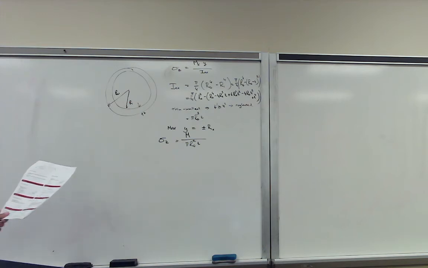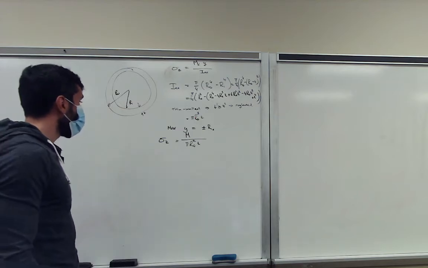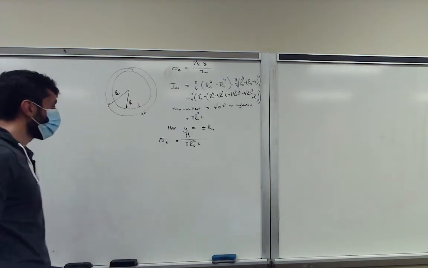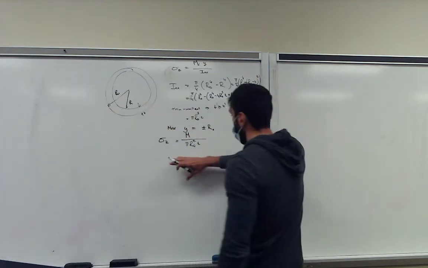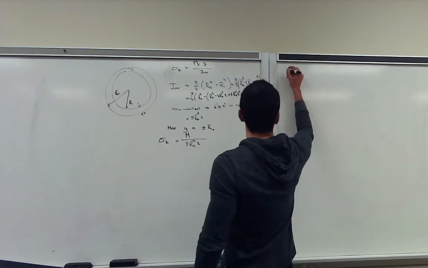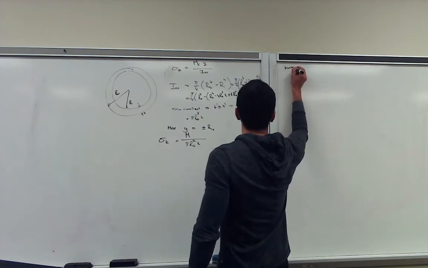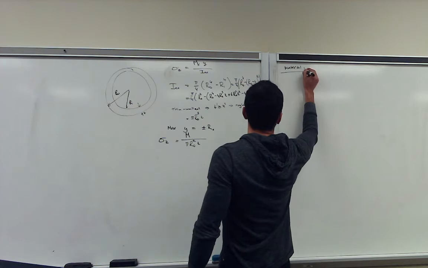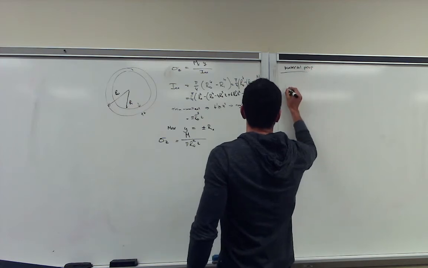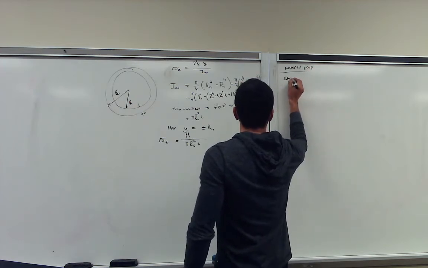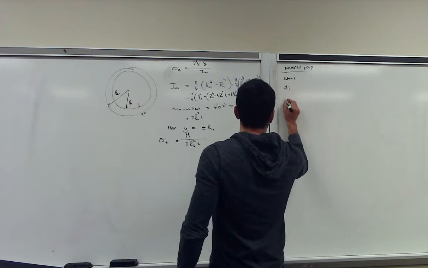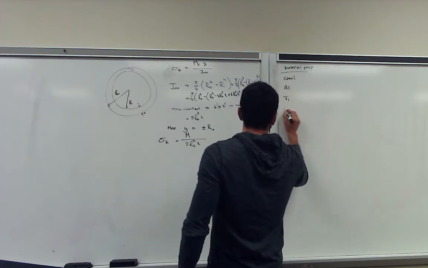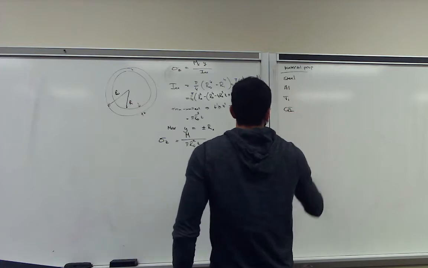Now we can rewrite this to a couple of things. Assume that we are given a set of materials. So we have some freedom to choose our materials, and our materials are given as such. So we have some material properties. Let's go for steel, aluminum, titanium, and then a quasi-isotropic composite.